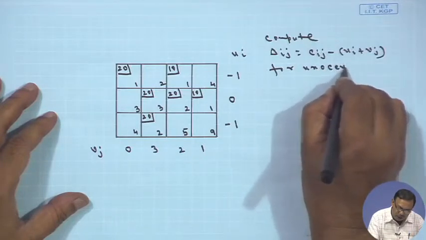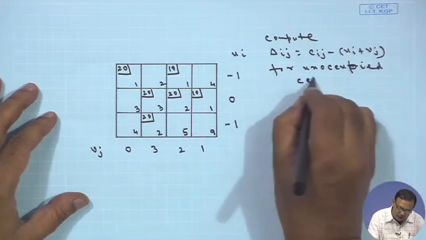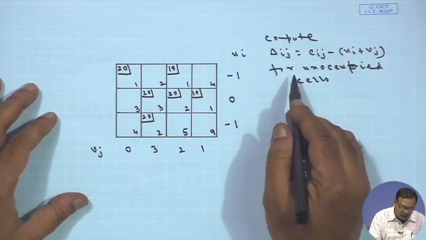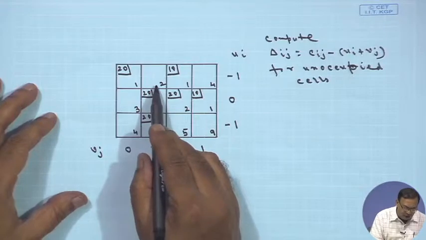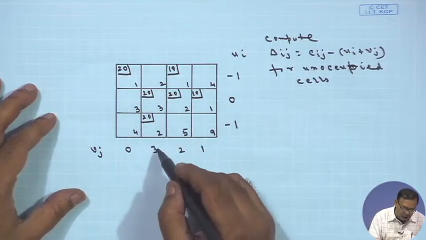Please note this one. For unoccupied cells, compute delta ij. So, the first unoccupied cell is this one, Cij minus (Ui plus Vj).